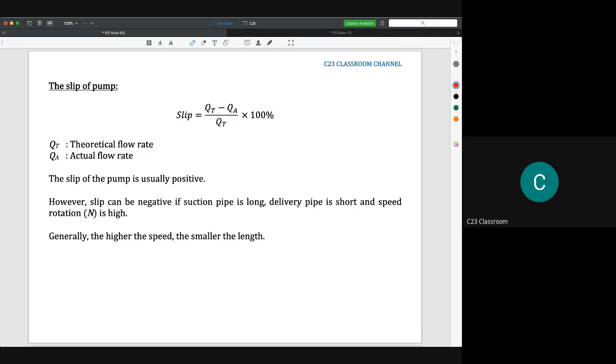That's why we are focusing on the piston pump, because a lot of calculation can be done for it.